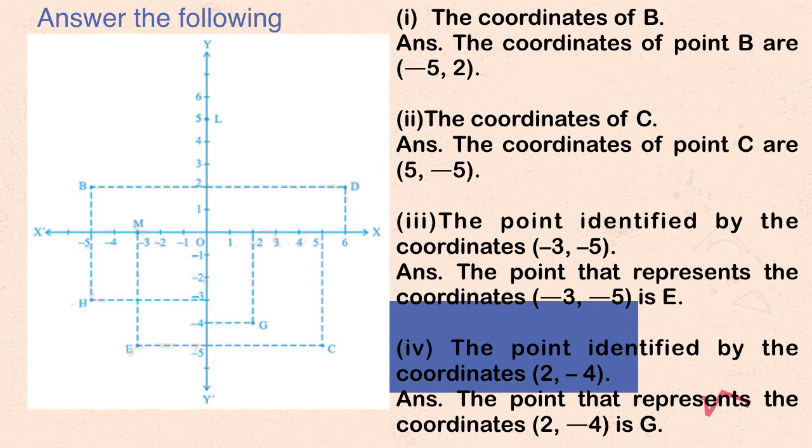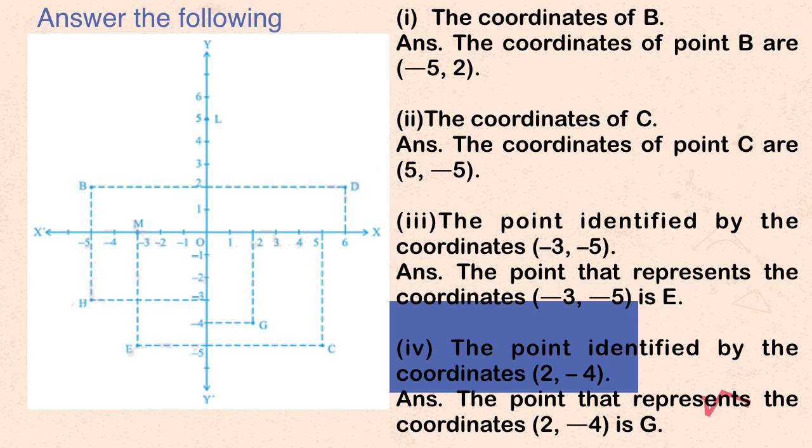So let's see what we will do. We will drop a line from C on the x-axis. The point where it meets is 5. Okay. The point where the line meets the x-axis is 5. And when we drop a line on the y-axis from this point, we see it meets at -5.